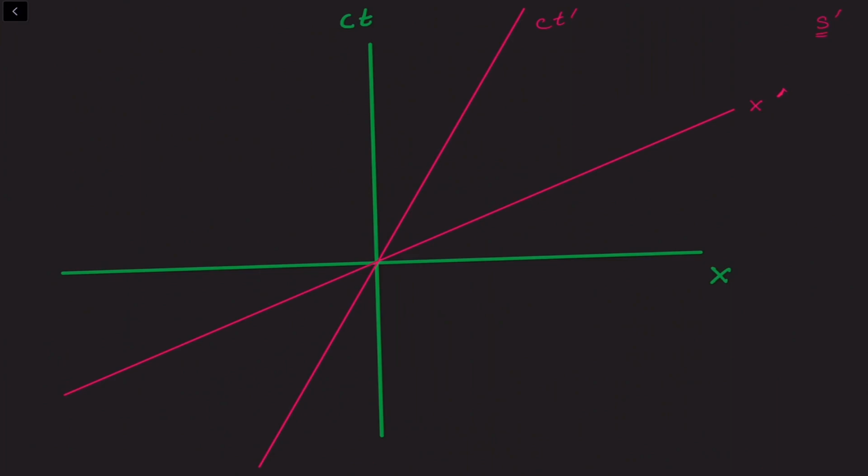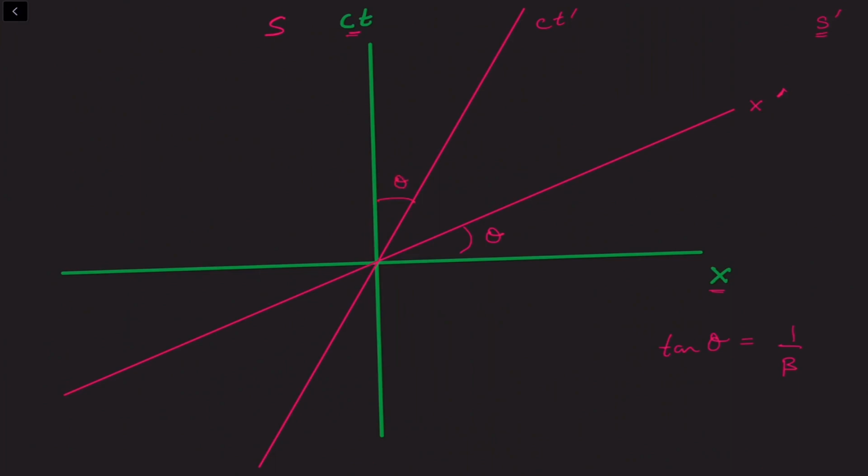For observer S prime, these axes are going to be tilted, or oblique, with respect to the original space-time axes of x and t in frame S. The angle of tilt will be theta, where tan theta is 1 over beta, where beta is the relative velocity parameter of S prime relative to S. Similarly, this angle here will be theta.